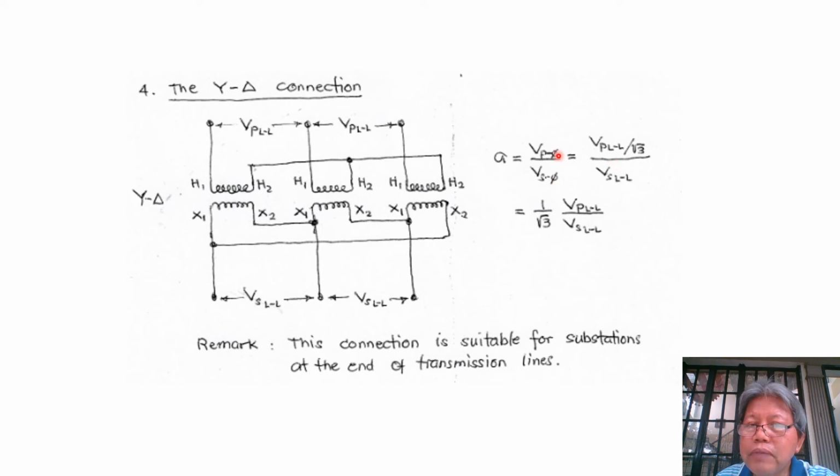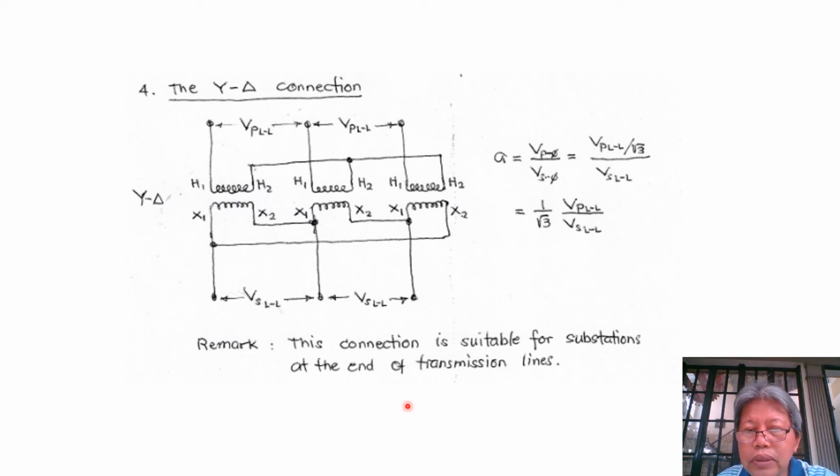So the primary phase voltage is the primary line to line over square root of 3, and the secondary phase voltage is just the secondary line to line. So in effect, our transformation ratio here will just be equal to 1 over square root of 3 times the ratio of the primary line to line voltage to secondary line to line voltage.